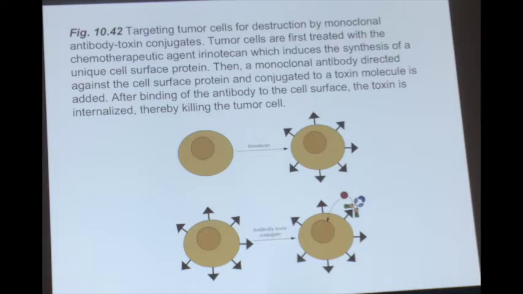Some of the surface proteins will be translocated inside the cell. The toxin will get inside the cell and kill it. Again, it's a way of facilitating the killing of targeted cells, typically cancer cells. It's only been developed in the lab at this point.